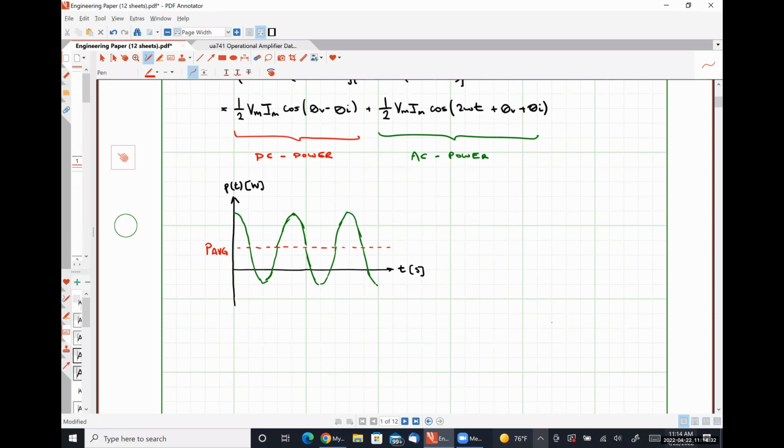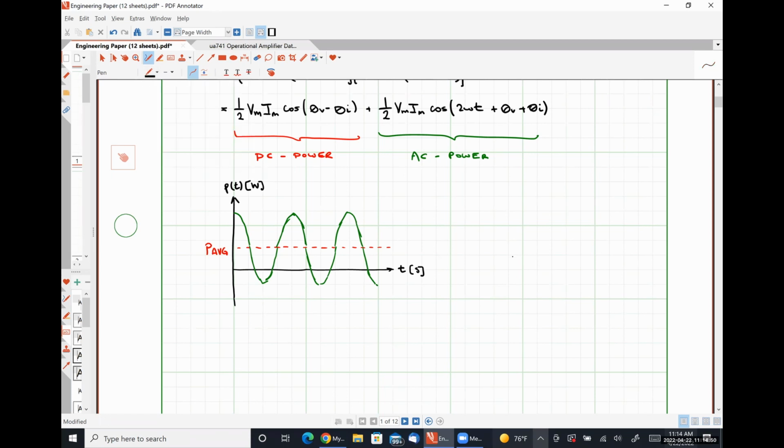And we are going to have to use some of the relationships that we developed, particularly regarding phase angles, when we introduced our frequency domain or phasor relationships for resistors, capacitors, and inductors.